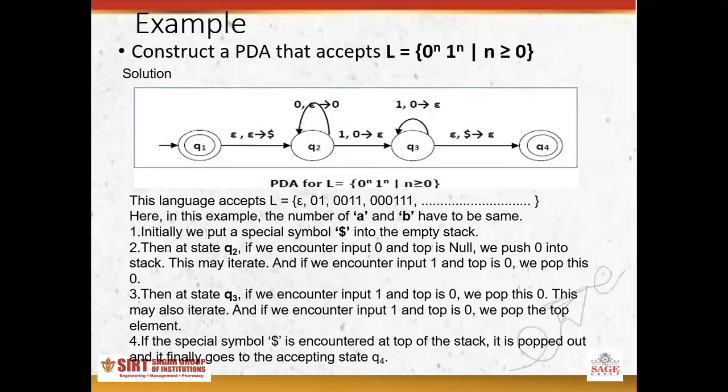Example: we have to construct a PDA that accepts the language 0 to the power n, 1 to the power n, where n is greater than or equal to 0. When designing this PDA, epsilon is accepted first, because n is greater than or equal to 0.